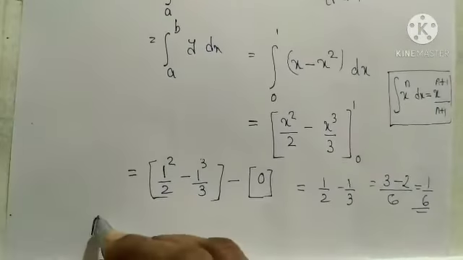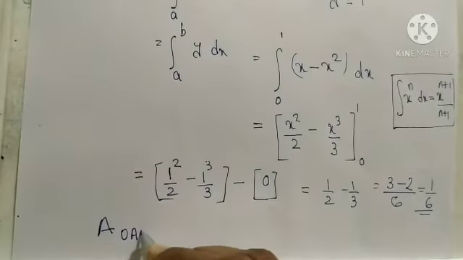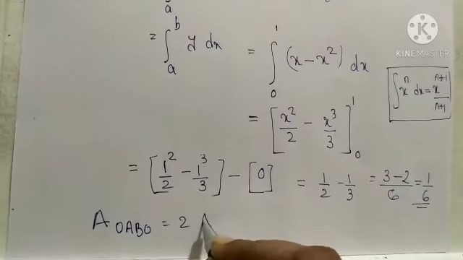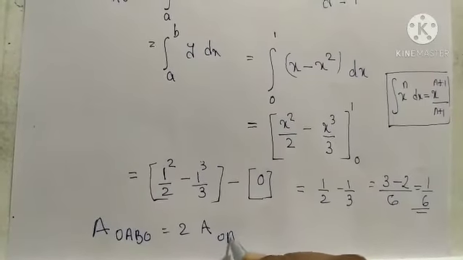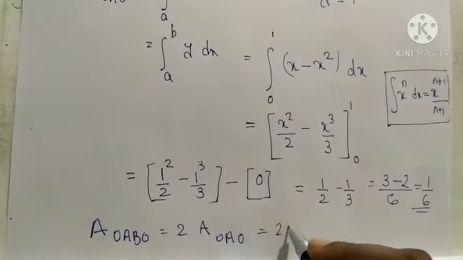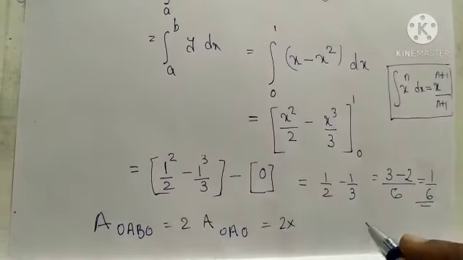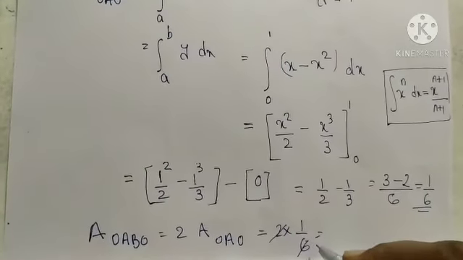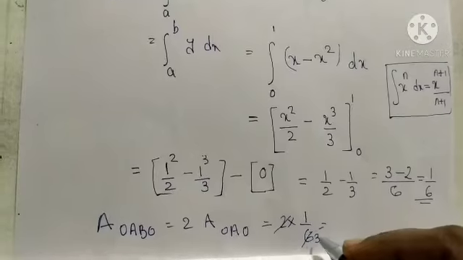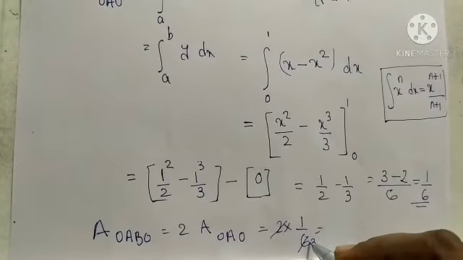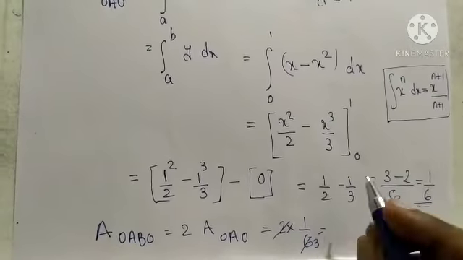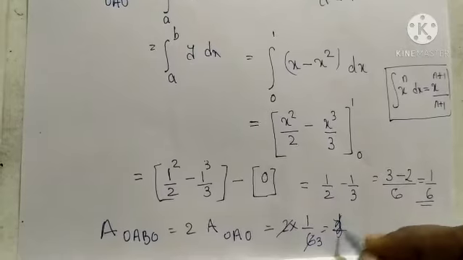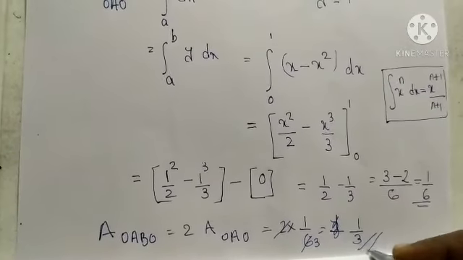So area of OABO is equal to 2 into, replacing the area OAB with 1 by 6, cancel this 2 and 6, 6 changes to 3. So the final answer will be 1 by 3.